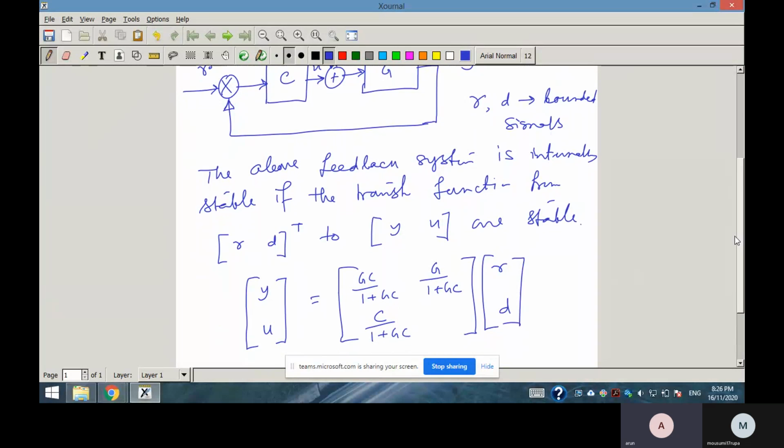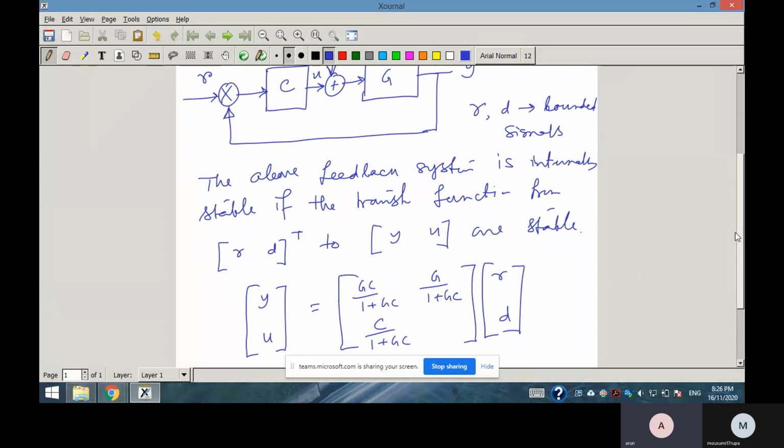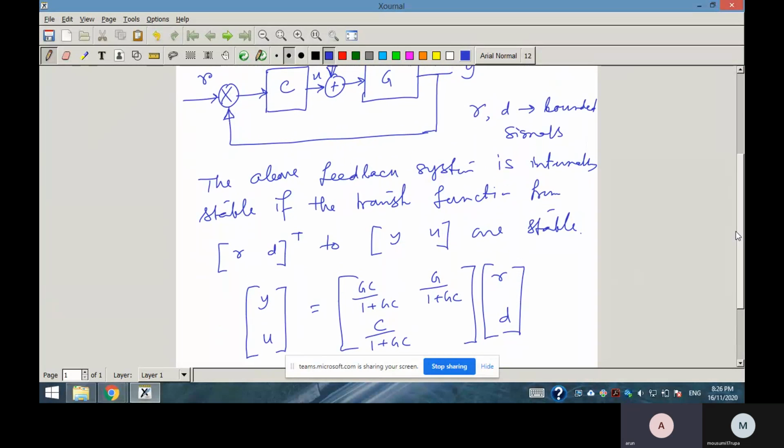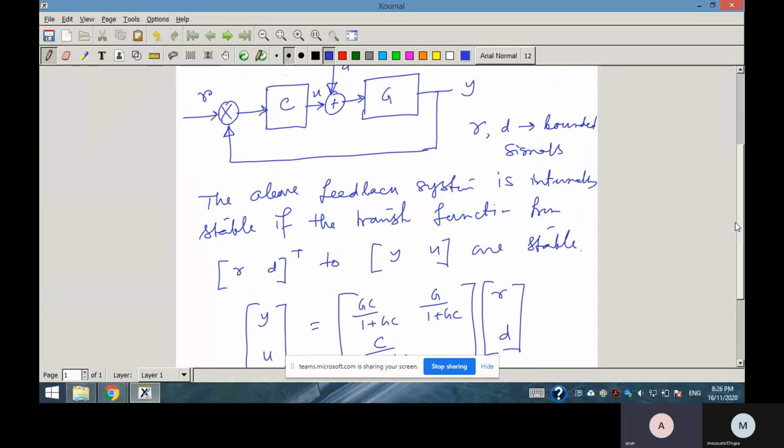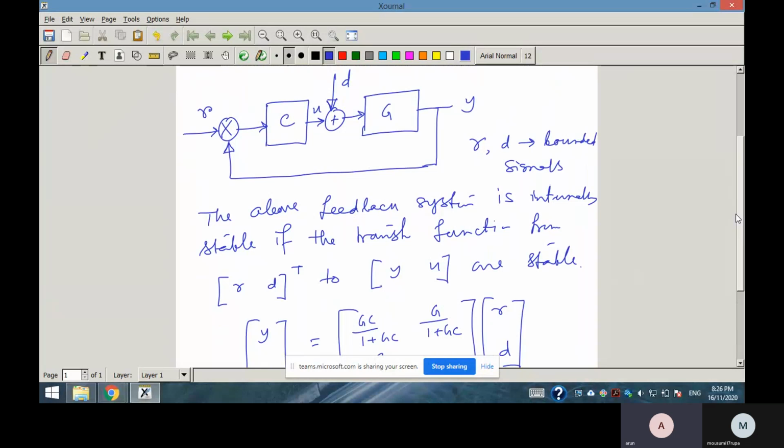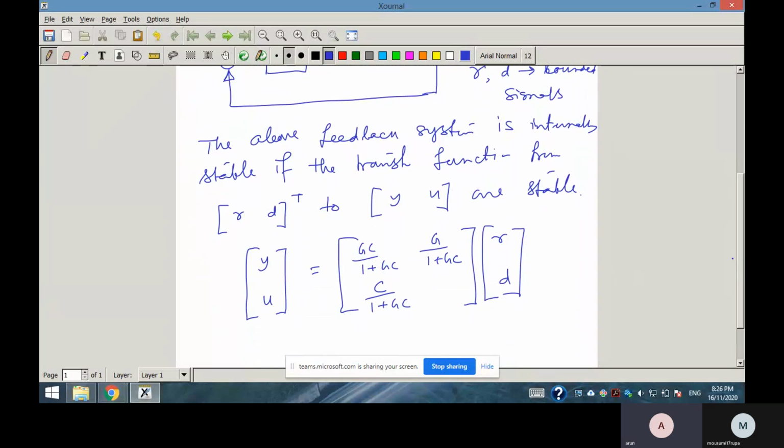Y to D is G by 1 plus GC, U to R is this one. D to U should be 1 by 1 plus GC.